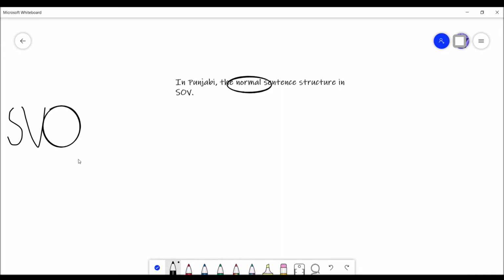Now, you may be asking, what does S, V, and O mean?